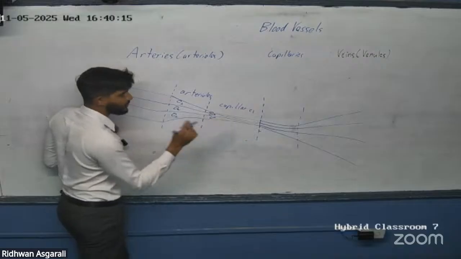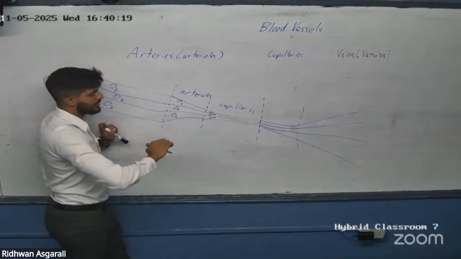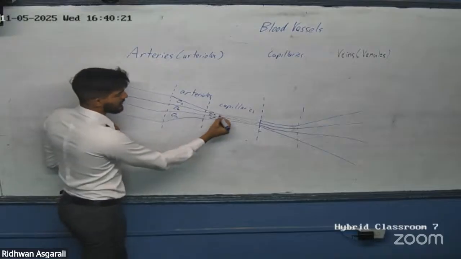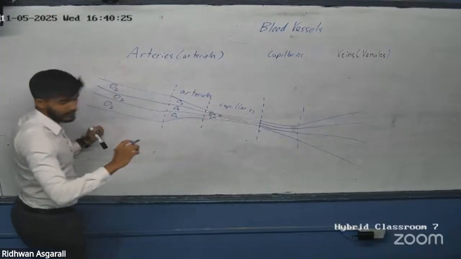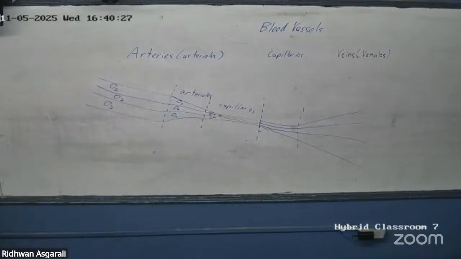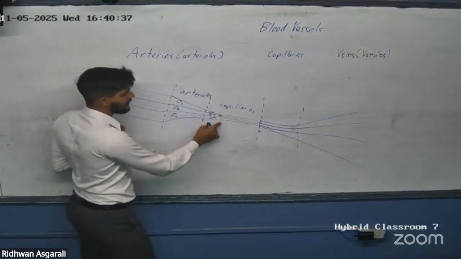Capillaries are very small. They can only transport one cell at a time, so one red blood cell can pass through. Because of their small size, they pass next to single cells and deliver oxygen.